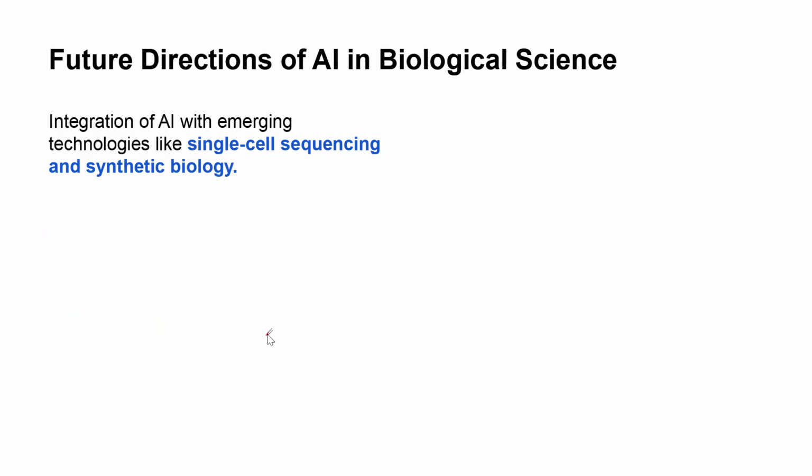This is one of the future directions, where scientists are trying to integrate AI into emerging technologies such as single-cell sequencing and synthetic biology, as AI fits into biological science.